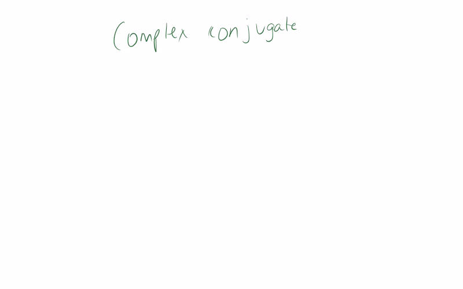So negative 9i, its complex conjugate is positive 9i. 4 minus 6i, its complex conjugate is 4 plus 6i. So the complex conjugate is just, like this one is minus, so this one is plus. That's what a complex conjugate is. They always are traveling in pairs.